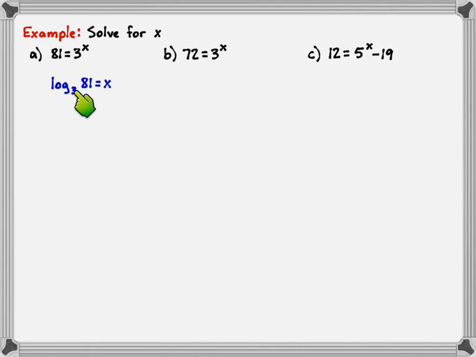So the base goes with the base of the log. That one's easy. And then these guys kind of swap. What the log is equal to is the exponent. And then this number that the exponent was equal to is what's inside the log. So that's what we get for A. For B, same type of thing. What is the base? Well, the base is 3, so it's going to be log base 3.